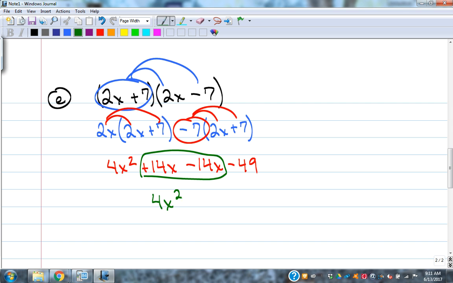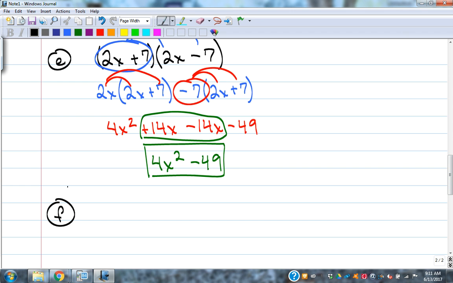So it's just 4x squared minus 49. And that's the final answer. Nothing super exciting about that, but that is kind of a special set that we'll talk about in the next section of things to come.